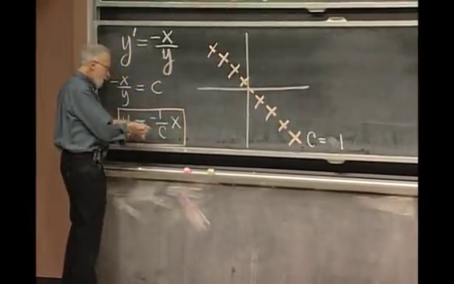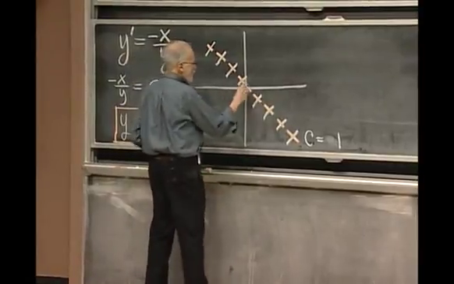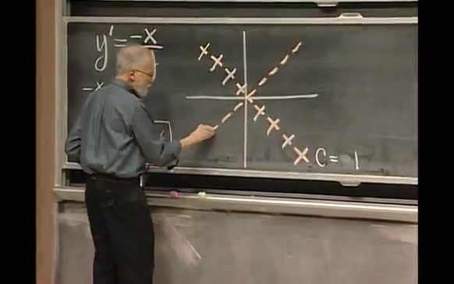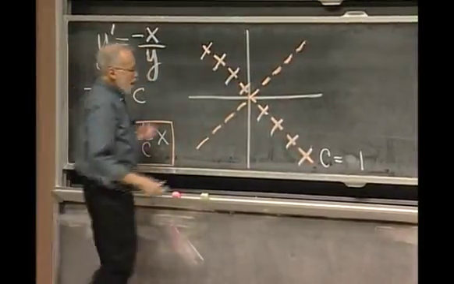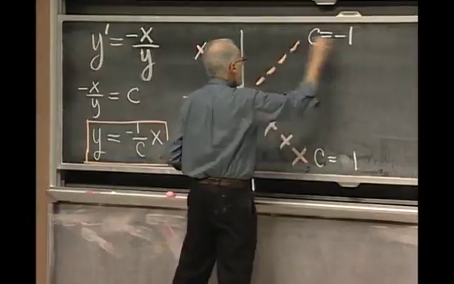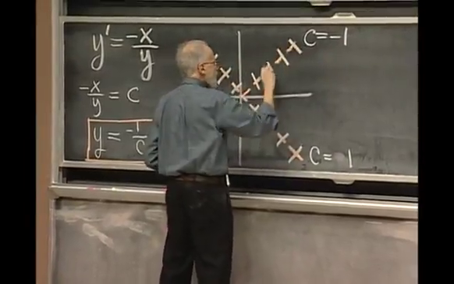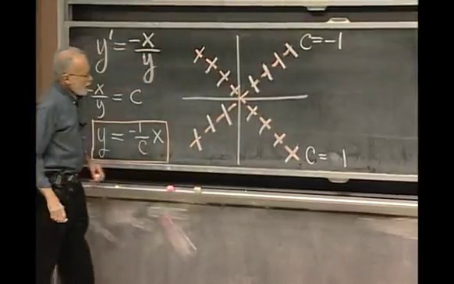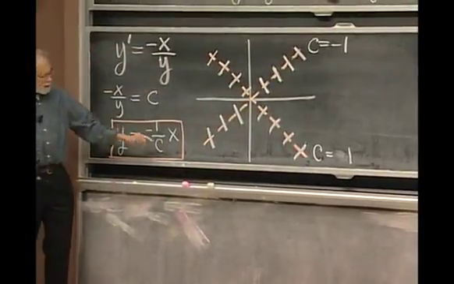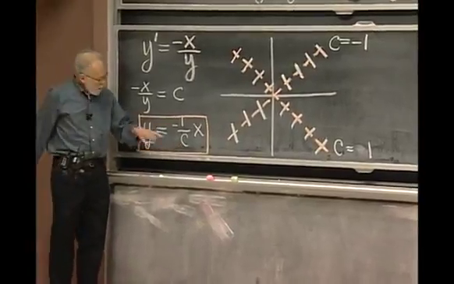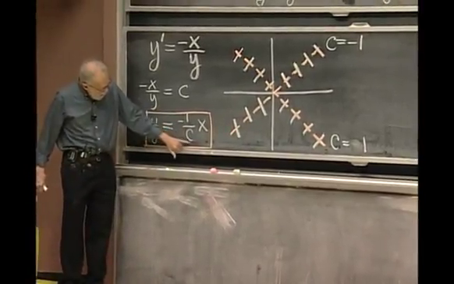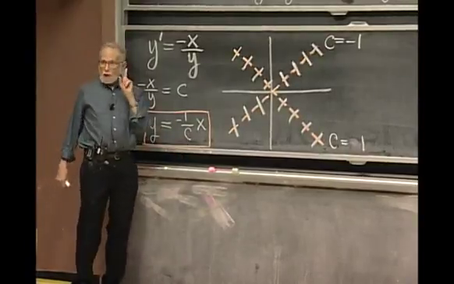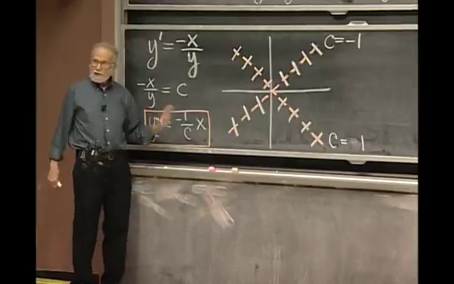If c equals negative 1, then it's the line y equals x. And so that's the isocline. Notice still dashed because these are isoclines. Here c is negative 1, and so the slope elements look like this. Notice they're perpendicular. Now, notice that they're always going to be perpendicular, because the slope of this line is minus 1 over c, but the slope of the line element is going to be c.